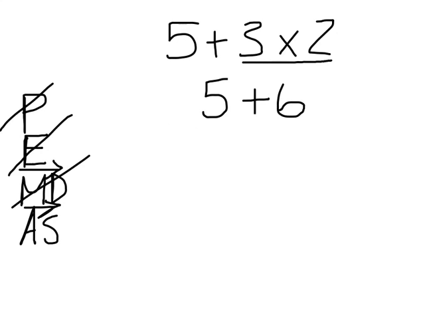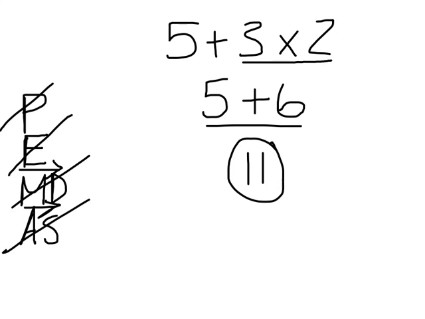The last thing I have left is to add or subtract. What's 5 plus 6? It's 11. Now I'm done with my order of operations. So notice, I followed the order over here on the left. I wrote my steps down, I followed the order, and I solved the problem.